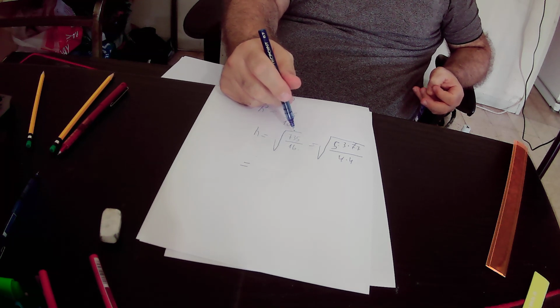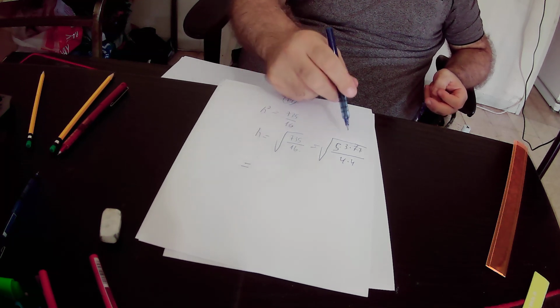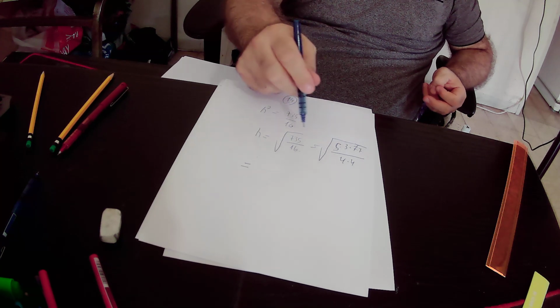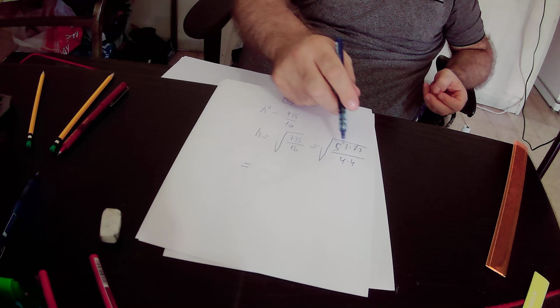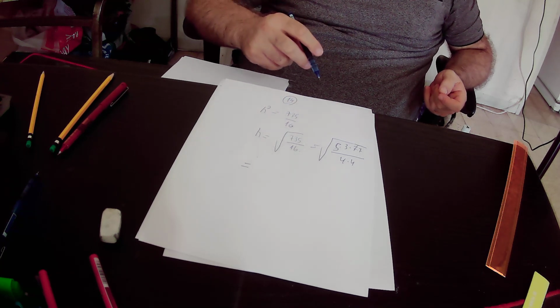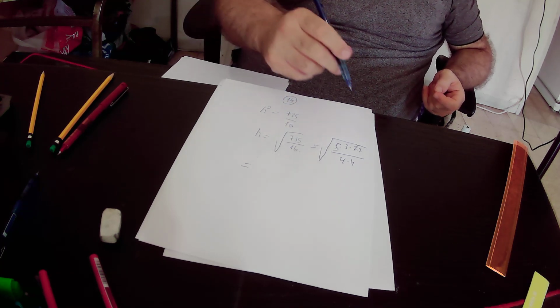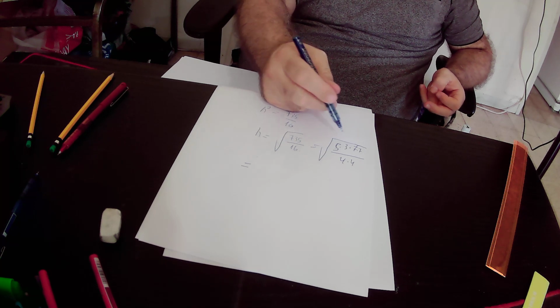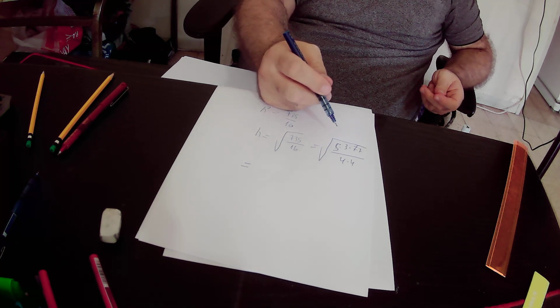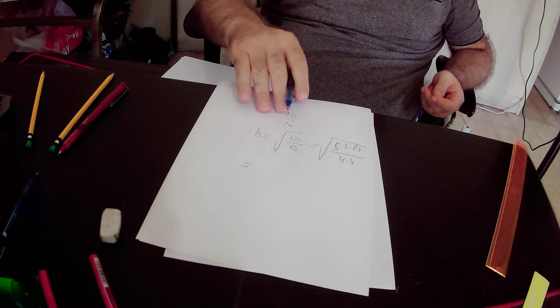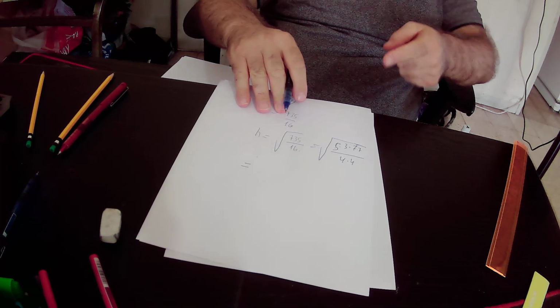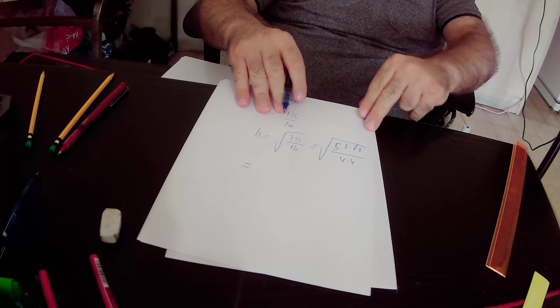If you don't believe me, you can check that this expression equals 735. So the root of 7 times 7 is 7, and the root of 4 times 4 is 4. So we can take out 7 over 4 out of the root.